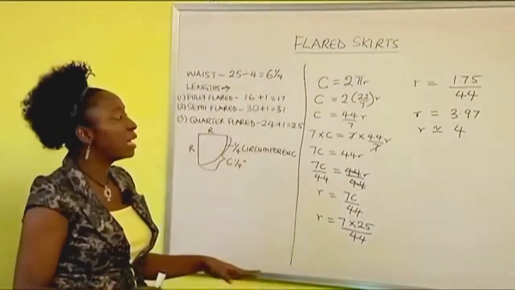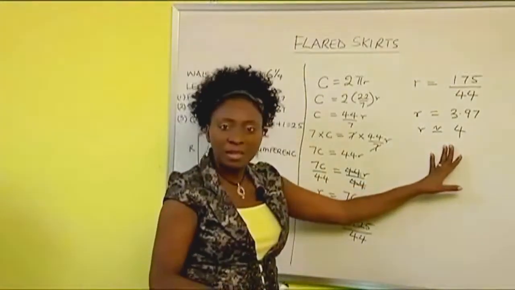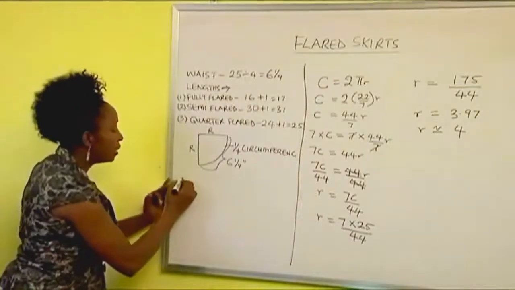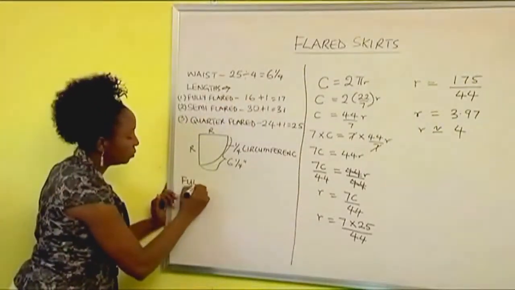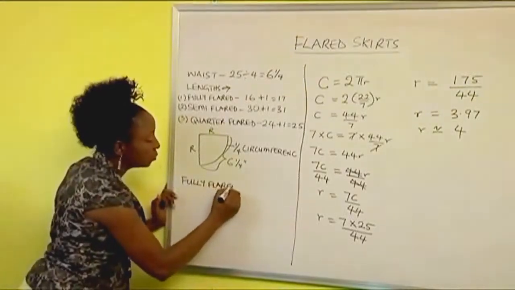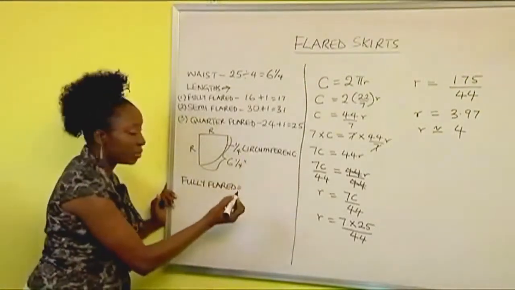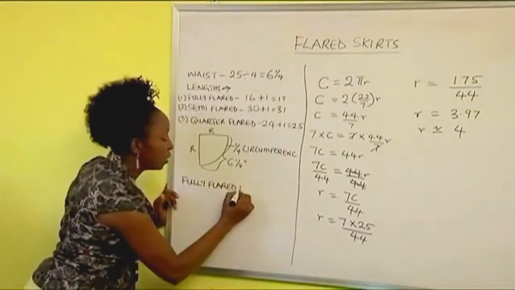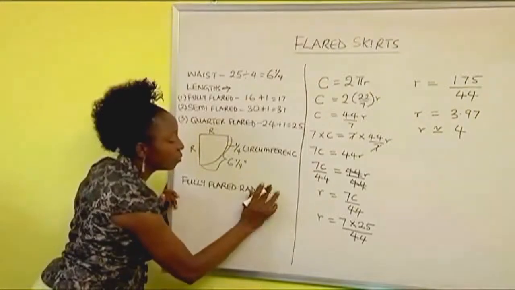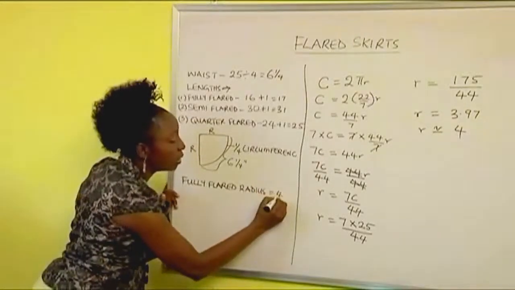So now that we have calculated our r, this is 4 inches. So for our fully flared skirt, our fully flared radius is 4 inches.